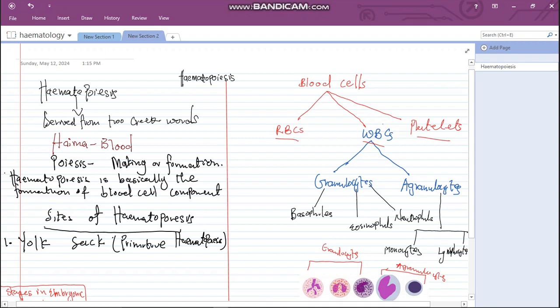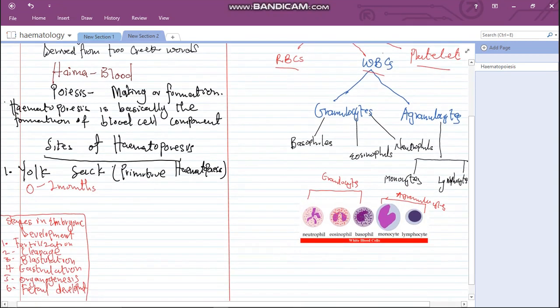So what happens is that in the primitive stage of embryogenesis, the primitive site for hematopoiesis is the yolk sac, and this happens around 0 to 2 months. So this is the first site of hematopoiesis.